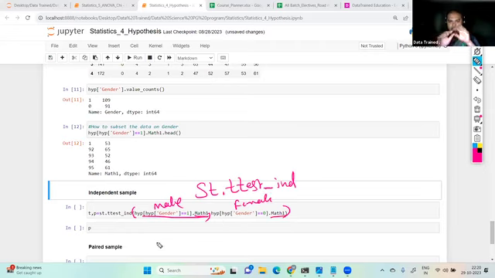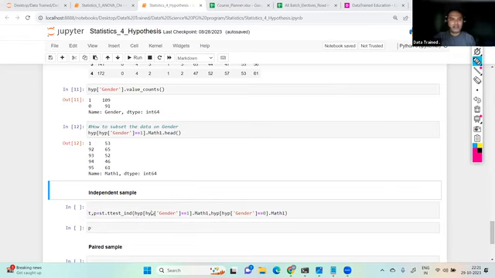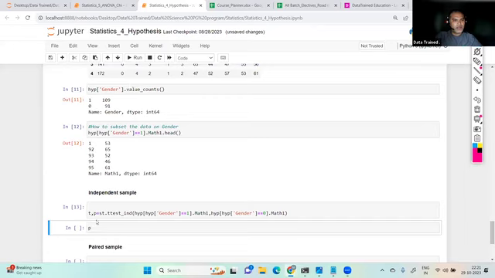We separate and subset them because individually they are male and female. It is going to produce a statistic score as well as a p-value. We'll collect them in two different variables and print whatever value we want. Run this. We are interested only in the p-value.